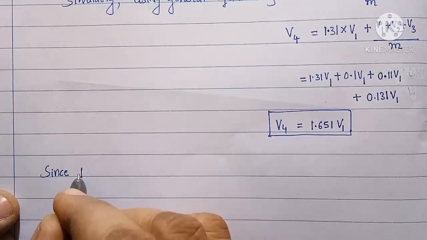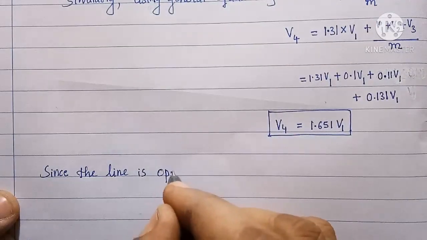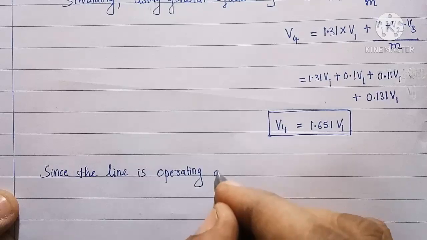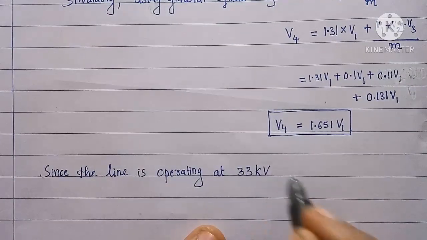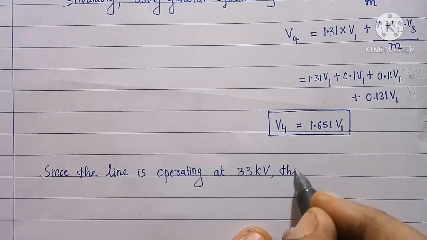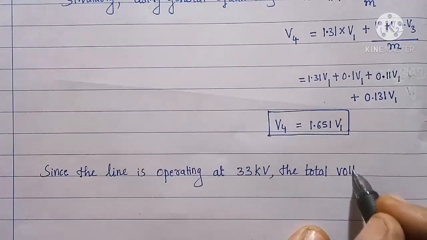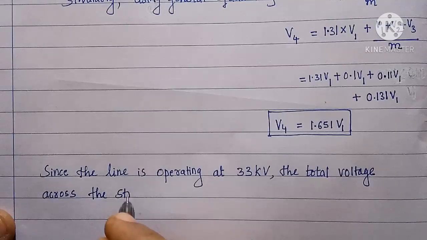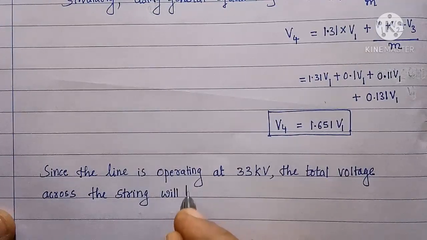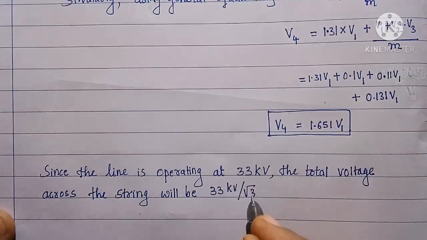Since the line is operating at 33 kV, the total voltage across the string will be (33 kV by root 3).